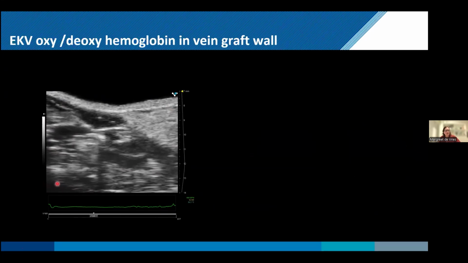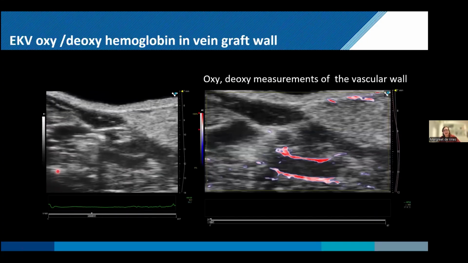So here you can see how the vein graft is monitored throughout multiple cardiac cycles. So you get a slow motion movie of the tissue of interest. And on top of that, we can perform the oxy-deoxy measurements, as you can see on the right picture.